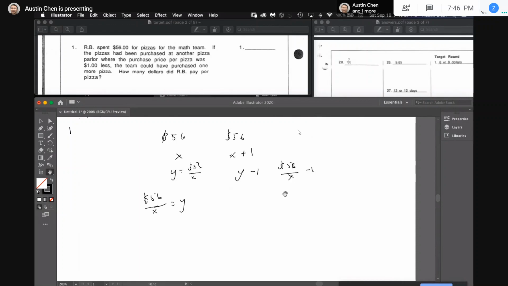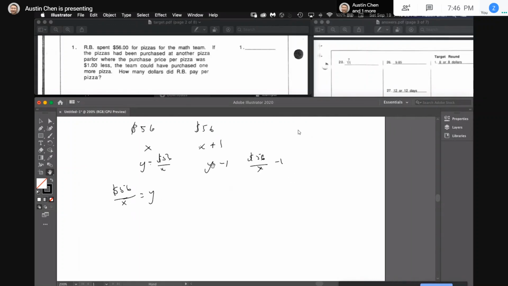And then you can use the same thing here. So then you have $56 over X plus 1 equals $56 over X minus 1.